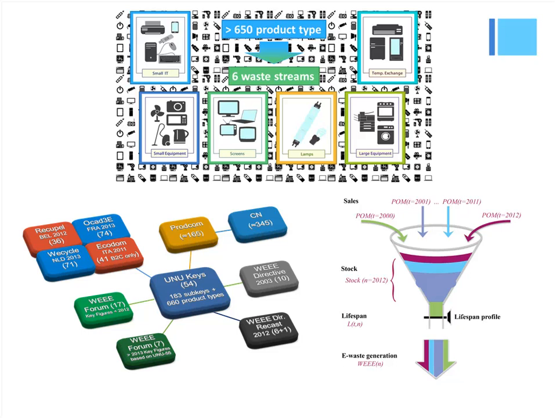The approach we are using here is with these 54 UNU keys. We are modeling the sales, the stocks, the lifespan, and ultimately the e-waste generation in either rather simple methodologies or with rather sophisticated methodologies. So in all this, we have been also analyzing the international trade statistics, and with a lot of internal data and a lot of experiences in different countries, we came up with a framework to build this global e-waste monitor.